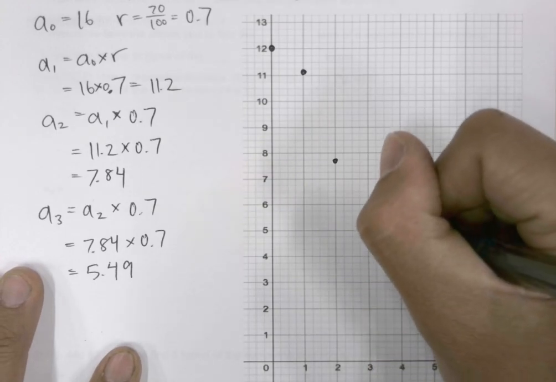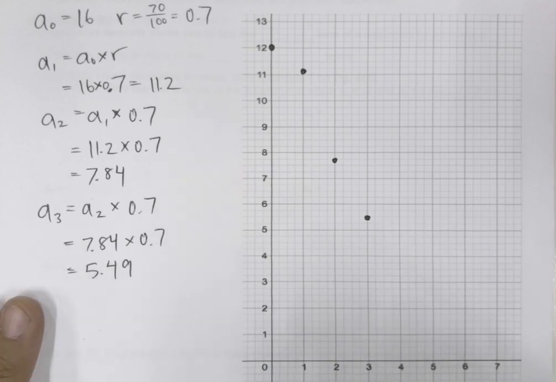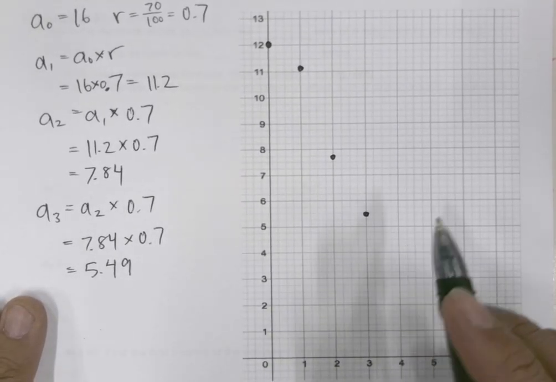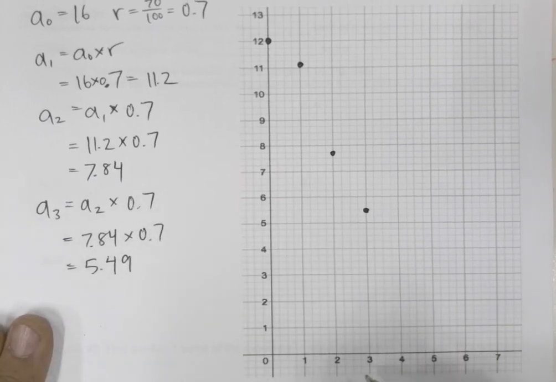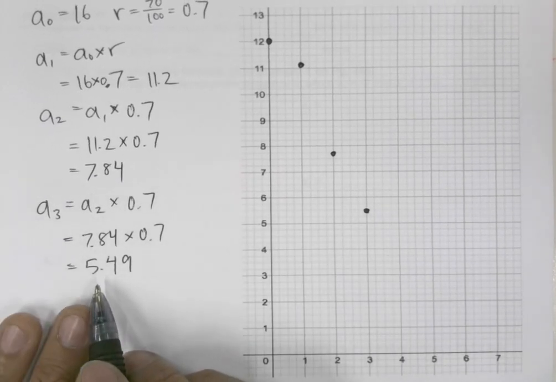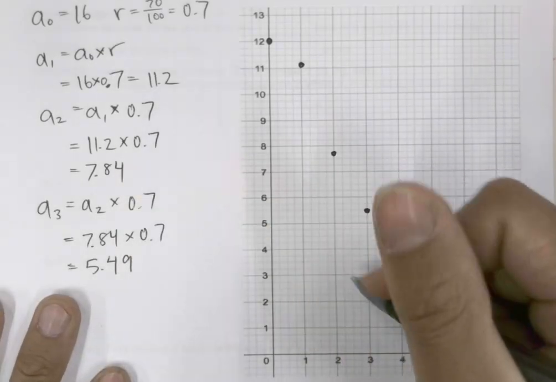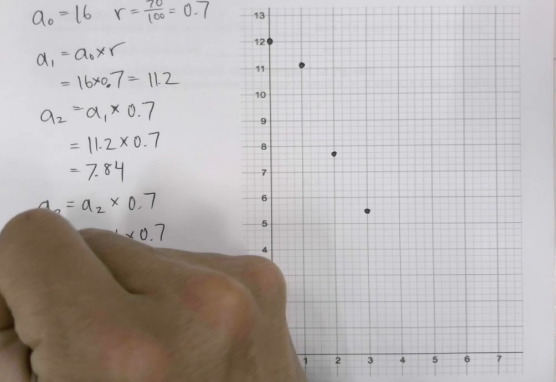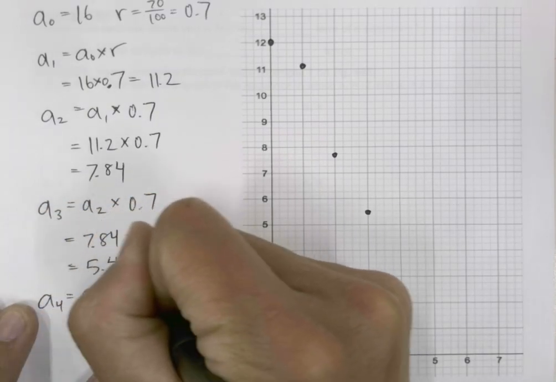So here we have 5.49, which is basically right in the middle there. And then we're going to go ahead and keep doing that, right? To find a sub 4, we'll take 5.49 and multiply that by 0.7.